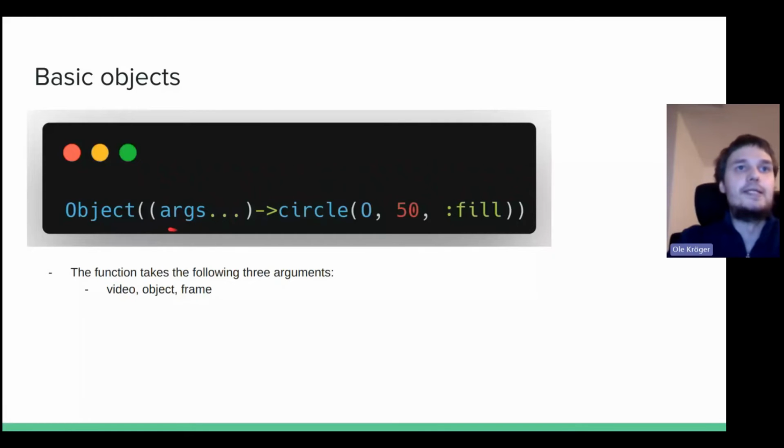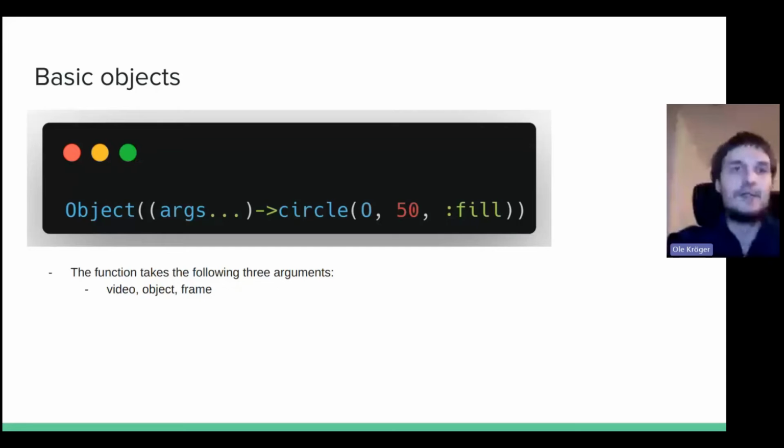So basically, we take this function and call it for every frame that we are rendering that you specify, and we call it with the video object, which just contains information about the size of the frame, as well as how many frames there are. Then we have the object itself, which doesn't give you too much information.